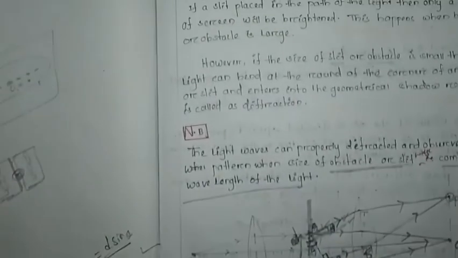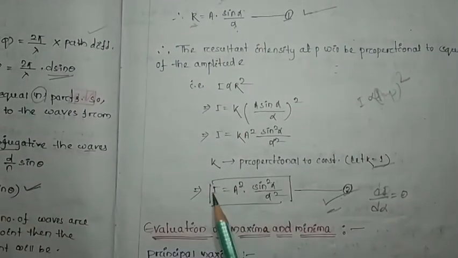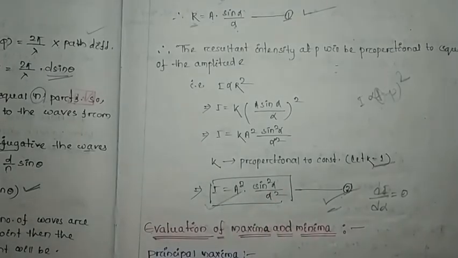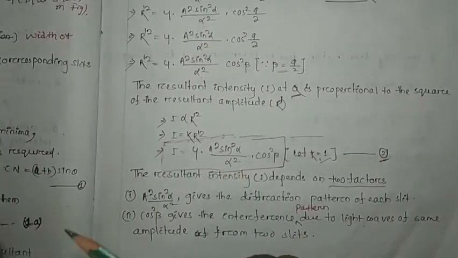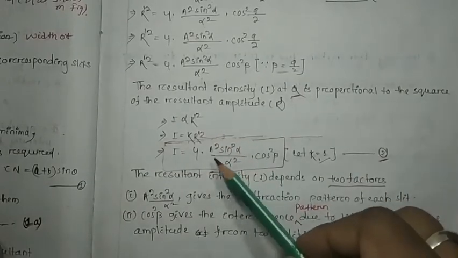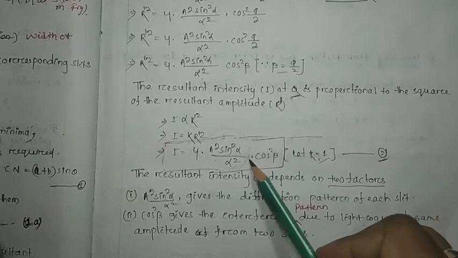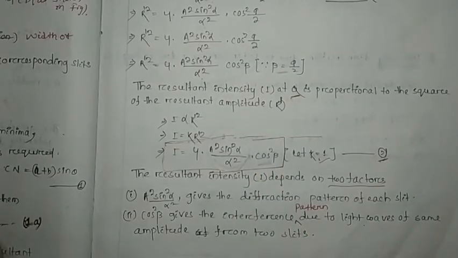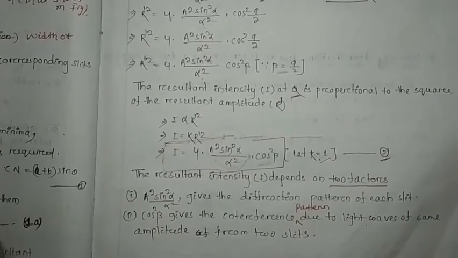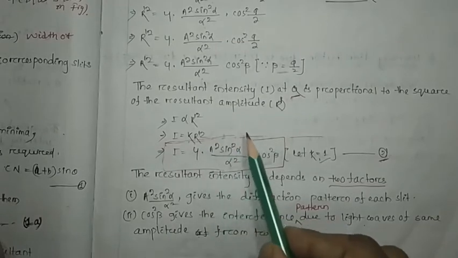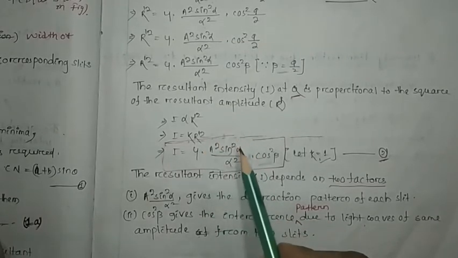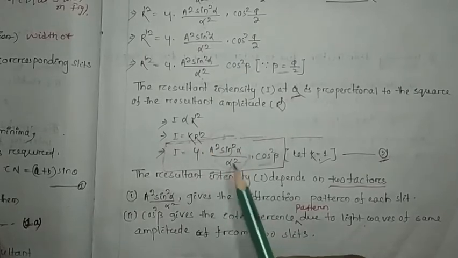Because if we consider the single slit experiment and its corresponding intensity, the intensity is A square sin square alpha by alpha square. This is for the single slit. Whatever intensity we found in the single slit experiment, that expression is also present here, multiplied by another term, cos square beta. So cos square beta plays the role of producing the interference pattern along with the diffraction pattern. A square sin square alpha by alpha square gives the diffraction pattern only.